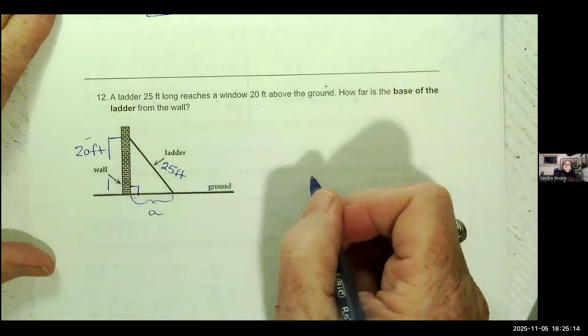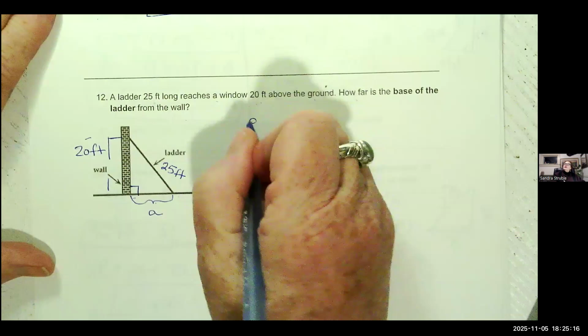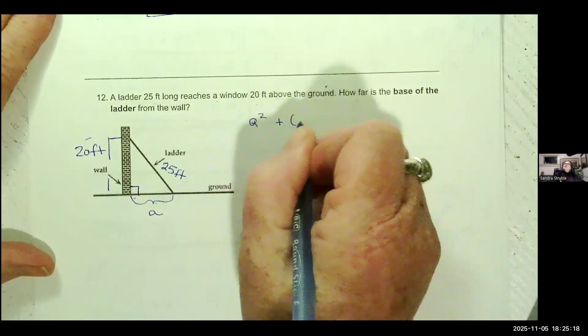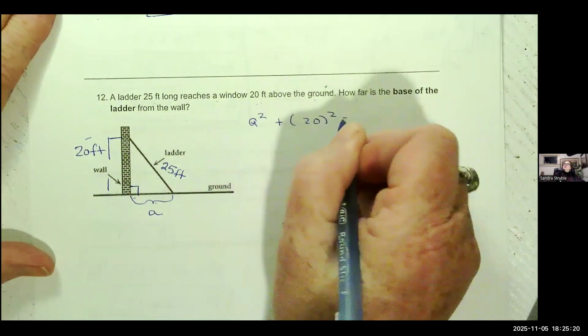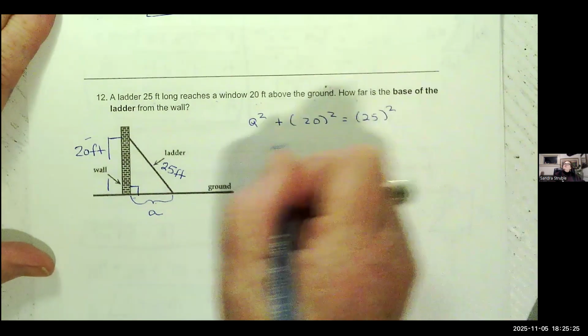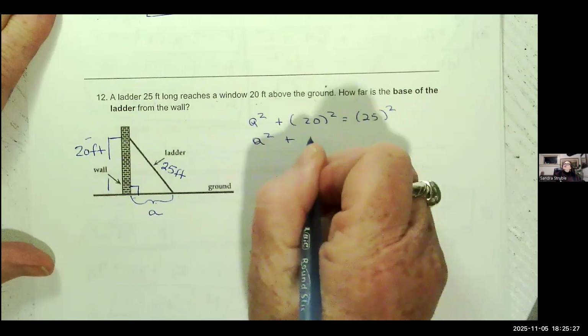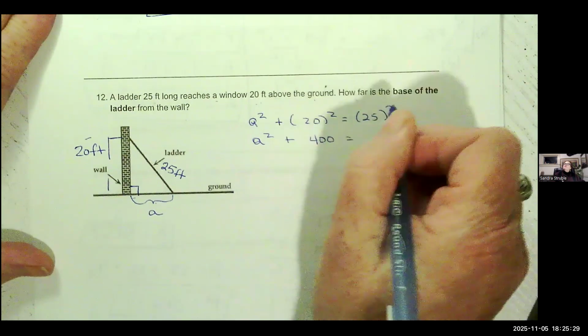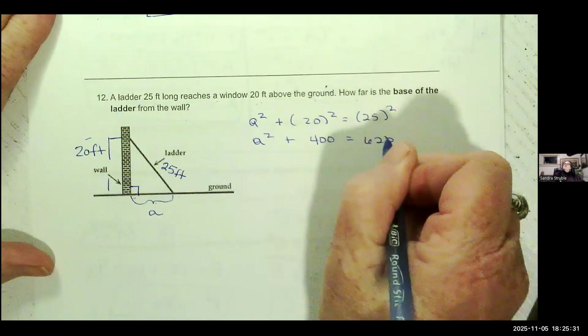So A squared plus 20 squared is equal to our hypotenuse, 25 squared. 20 squared is 400. 25 squared is 625. Subtract 400 from both sides.